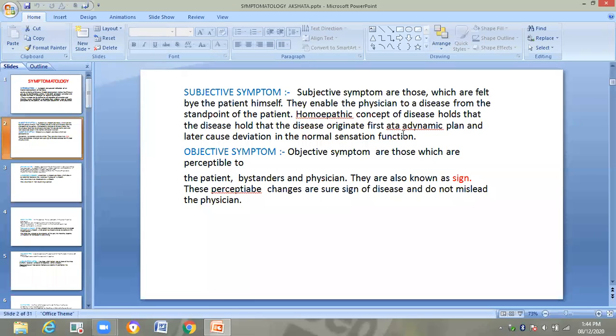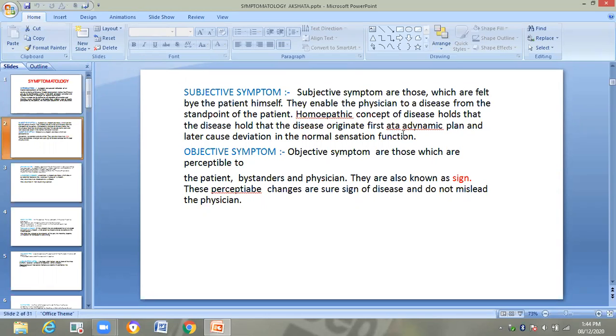Then the second one is objective symptoms. The objective symptoms are nothing but the signs. What is a sign? A sign is nothing but the symptoms which are observed by the attendants, the relatives of the patient and the physician himself.